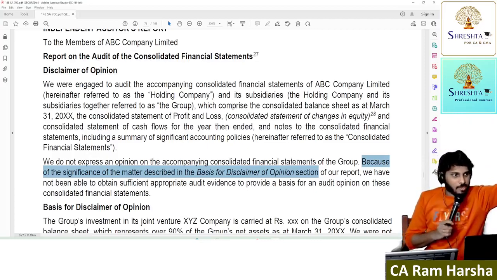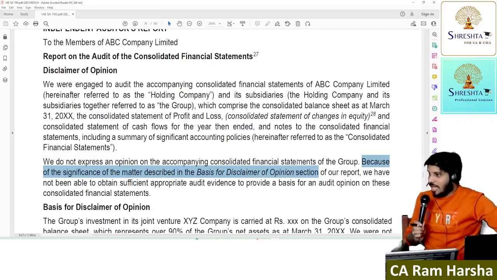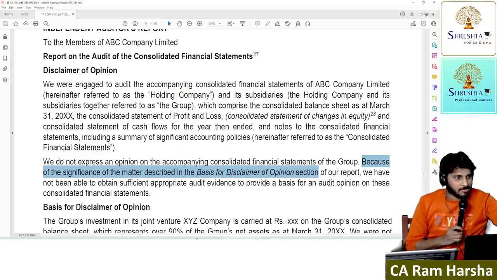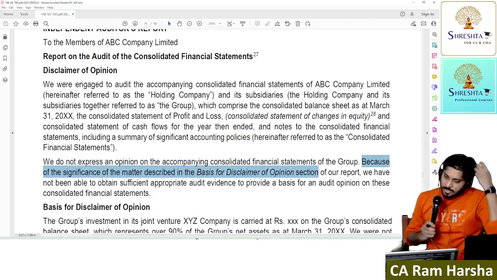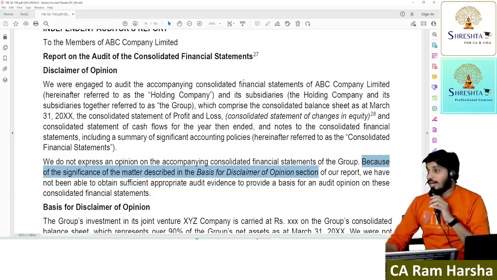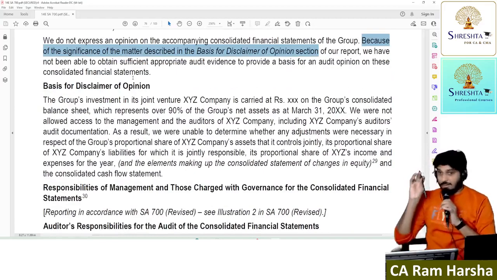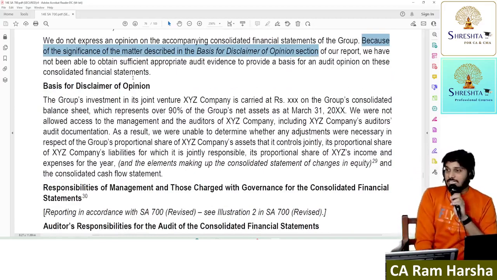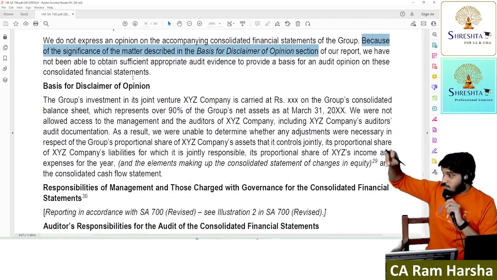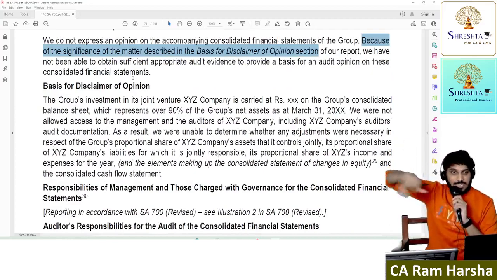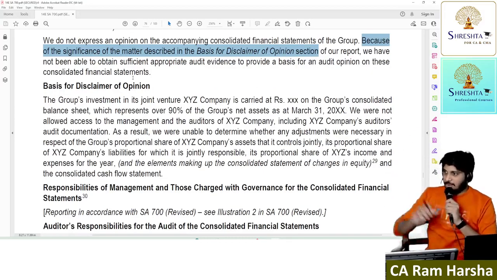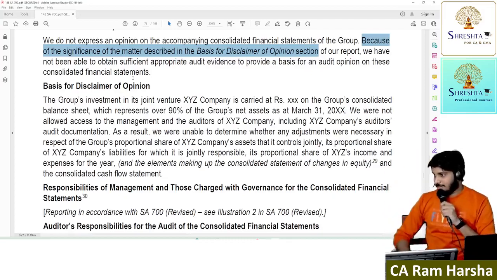What is your opinion? In my opinion, no opinion. Can I say that? I should straight away say I don't have an opinion. That's the wording. All of you understood or not? Now, how will the basis for opinion paragraph wordings look in different scenarios, and how will the auditor responsibility sections look in different scenarios? All that we will discuss. We'll take a slight break and then come back. Clear, all of you?